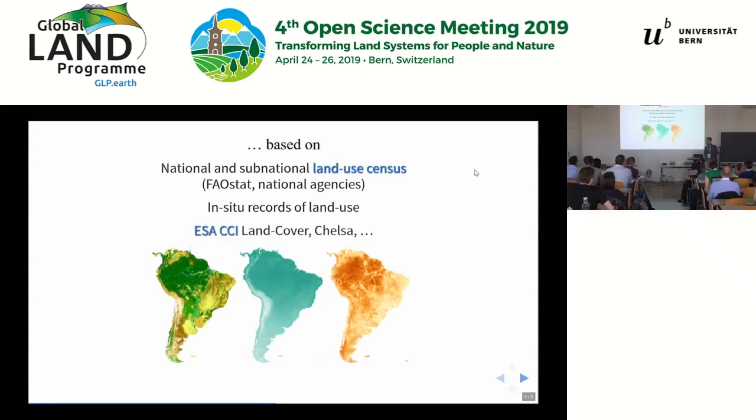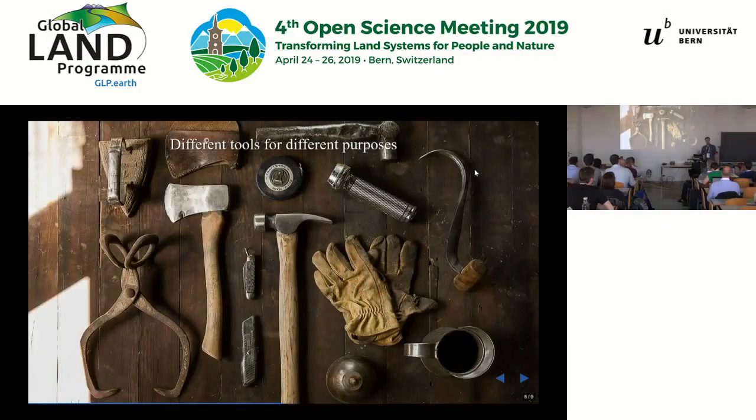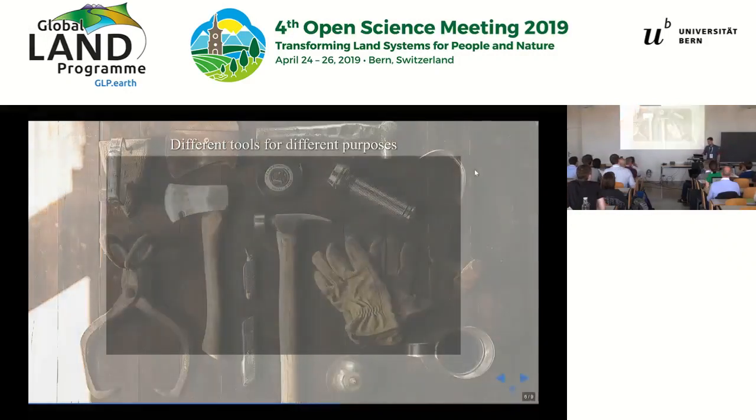And together we combine them with various remote sensing derived products like ESA CCI, for example, or CHELSA, or also socioeconomic data sets, for example, about the travel time to the nearest market. We are aware that there are different demands for those data sets and that no single data product can provide all of them at the same time.